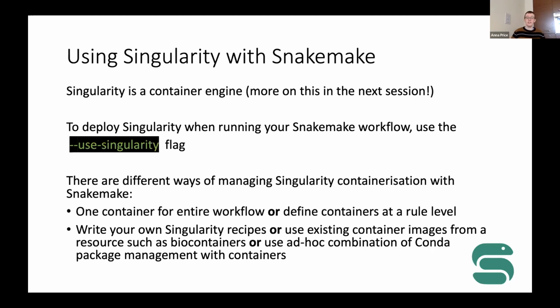Or you can choose to use existing container images from resources such as BioContainers. BioContainers is a project that has many container images pre-built for you to use. They're hosted on both Docker Hub and Quay, which I'll talk a bit about later. So you can pull those pre-built images.